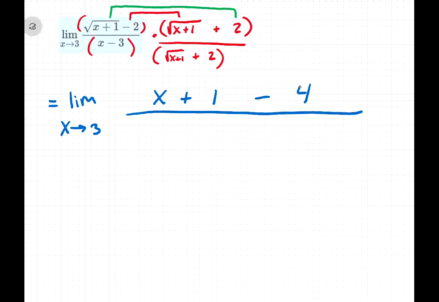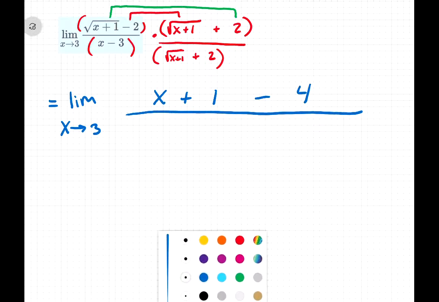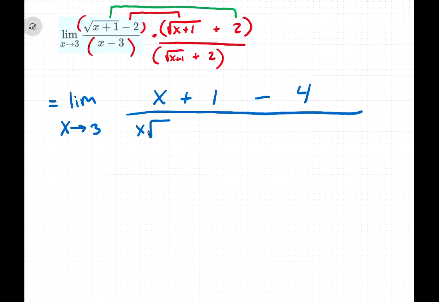Okay, so let's FOIL out the bottom. First times first is an x times square root of x plus 1. Outer times outer should be a plus 2x. Inner times inner, we have a minus 3 times the square root of x plus 1.